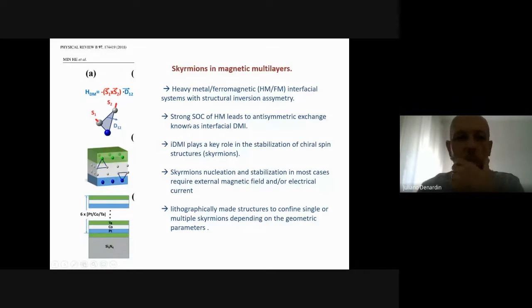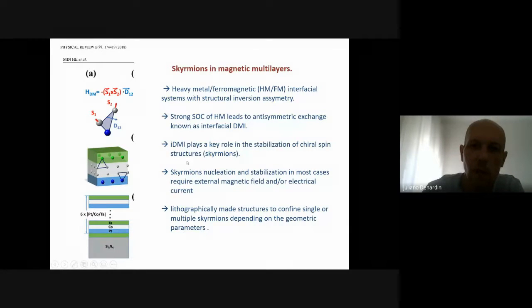You need a heavy metal with strong spin-orbit coupling, which leads to antisymmetric exchange, known as the Dzyaloshinskii-Moriya interaction. This interfacial interaction plays a key role in the stabilization of chiral spin structures.